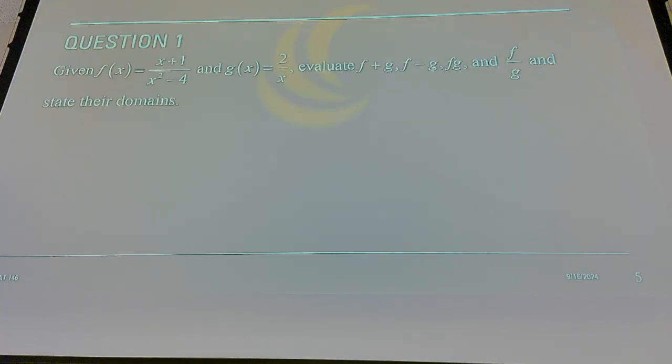We're given 2 functions, want to find the 4 basic operations on them. Sum, difference, product and quotient along with the respective domains.